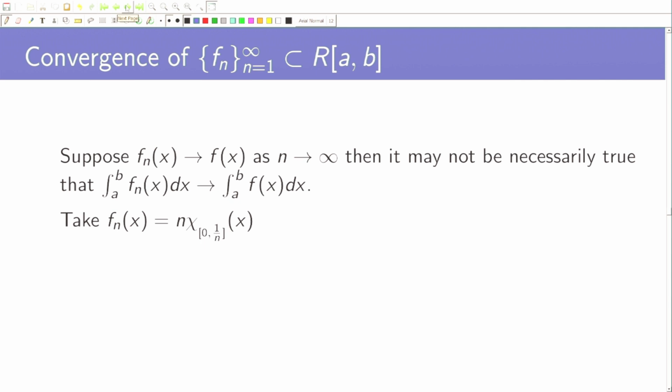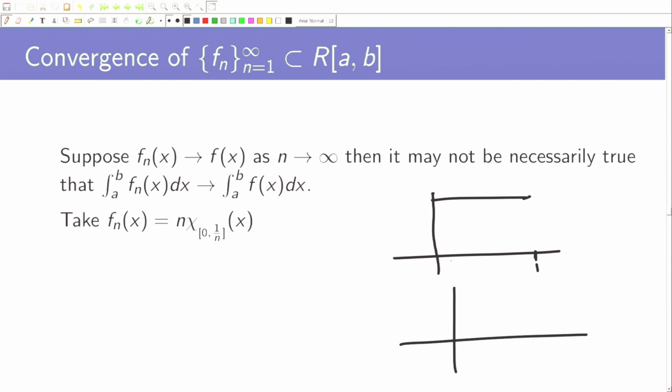You take the function, for example, f_n(x) equal to n on [0, 1/n]. So, now let us see: f_1 is this, f_2 is, here is 1/2 and then this is 2, so f_2 is 2 up to half, and from half to 1 this is 0.